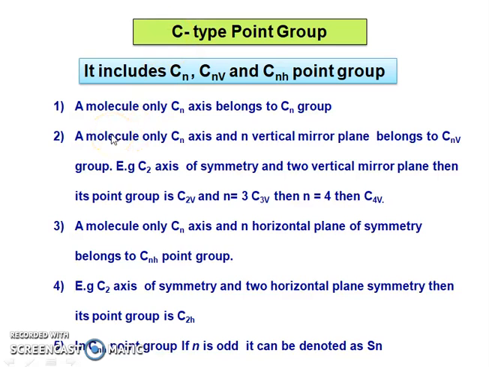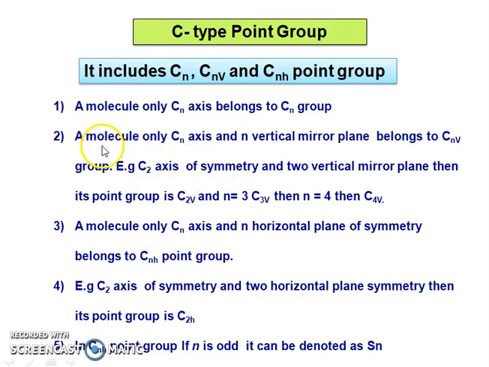We will see them one by one. First point: if a molecule has only a Cn axis, then the molecule belongs to the Cn point group.